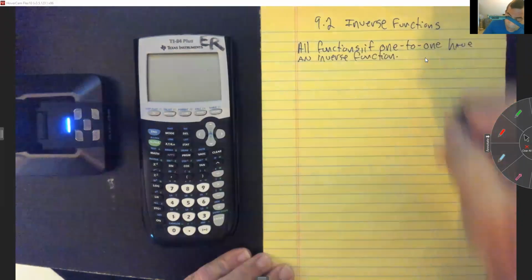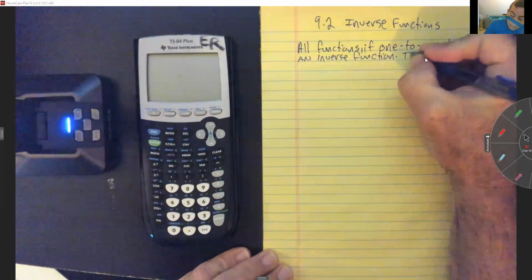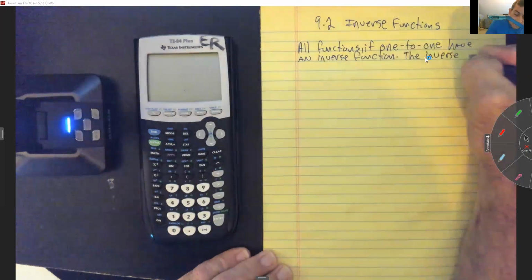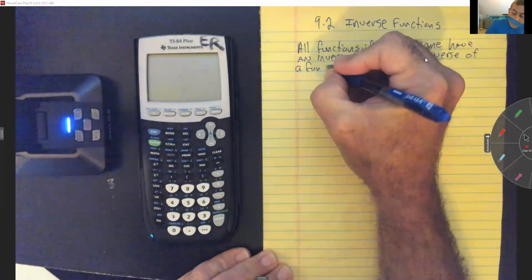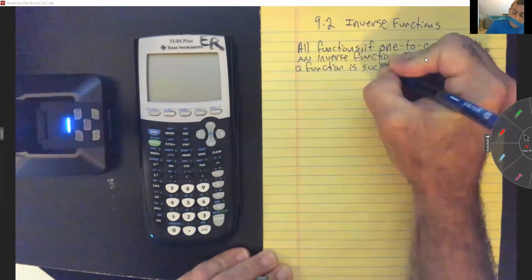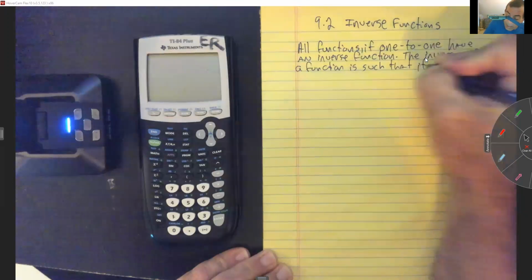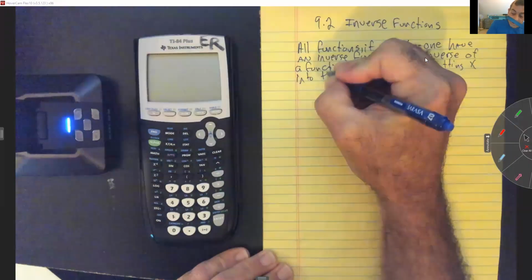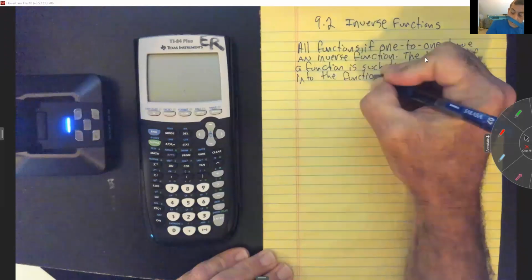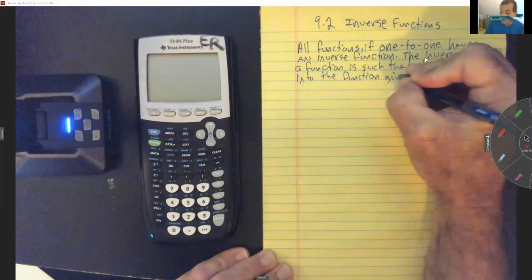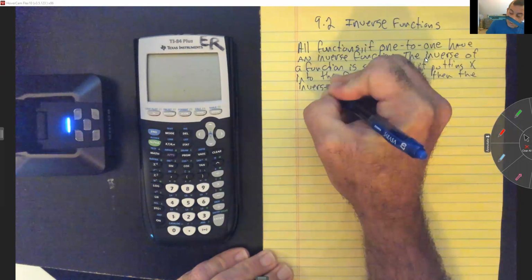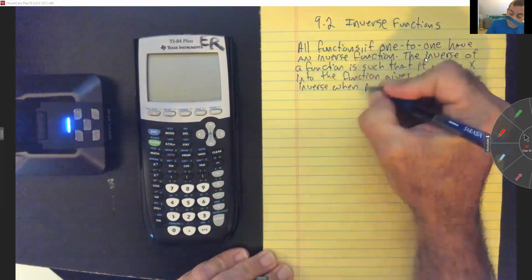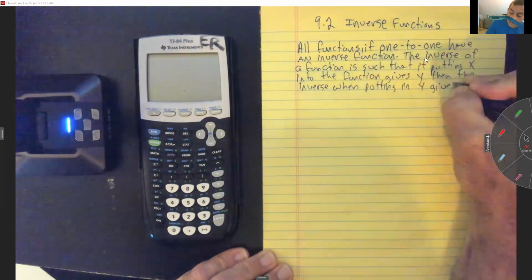So the inverse of a function is such that if putting x into the function gives y, then the inverse, when putting in y, gives x.